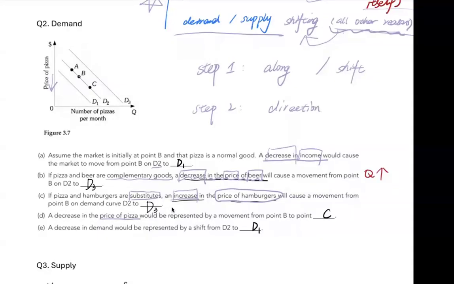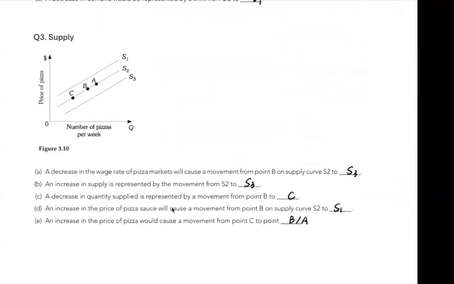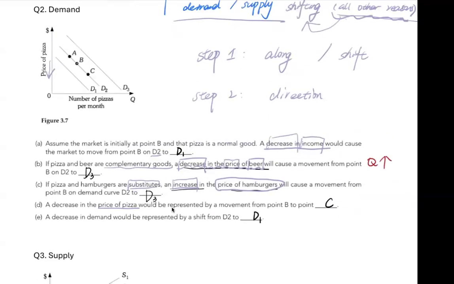Sometimes you may need to fix the price to see what the quantity change is, or fix the quantity to see what the price change is. Okay. Similarly, for the supply curve, it would be pretty similar. Step 1, let me copy it.